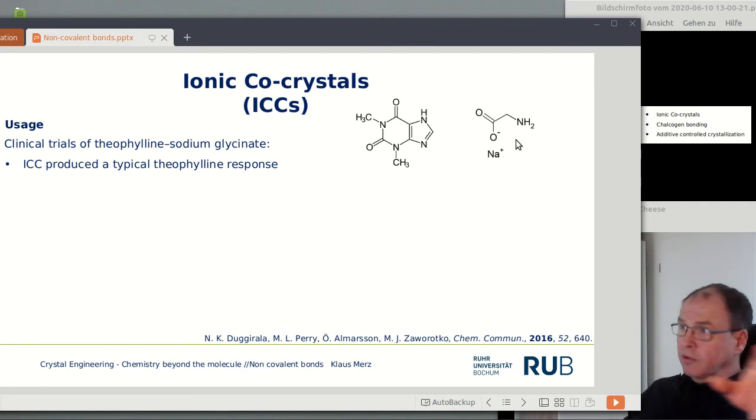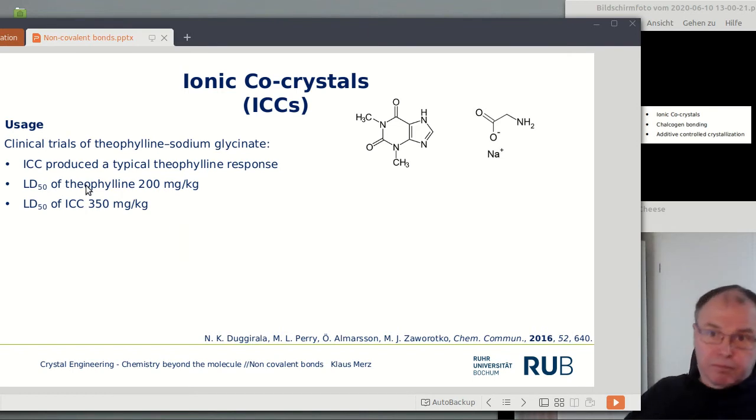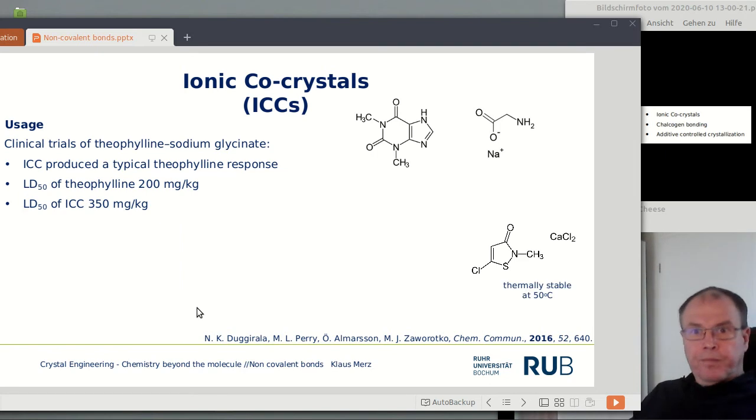First of all, the mixture has similar properties to the API theophylline. On the other side, if you look at the LD50 values, you see very nicely there's an increase. It's less toxic in contrast to the pure API. You see, ionic co-crystals can improve the properties.